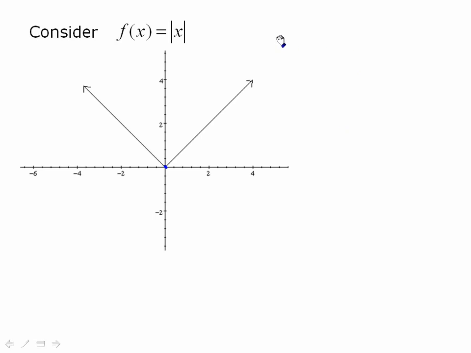By inspection, the derivative of this function is equal to -1 when x is less than 0. Might make sense because the slope of the tangent line is equal to -1. So that is the derivative all the way until we get to x equals 0.